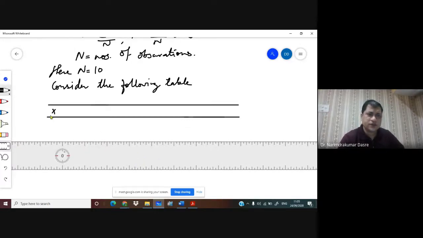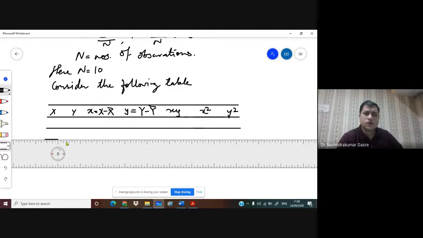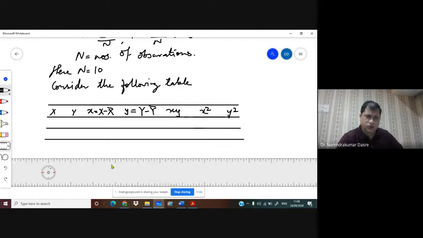So please make the table: x, y, small x is equal to capital X minus x bar, small y is equal to capital Y minus y bar. Okay, then x into y, x square and y square. And yeah, we have this.